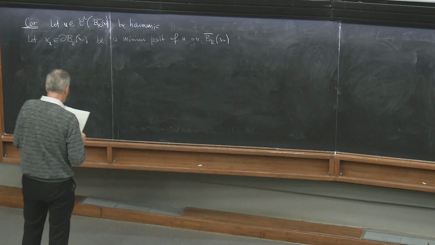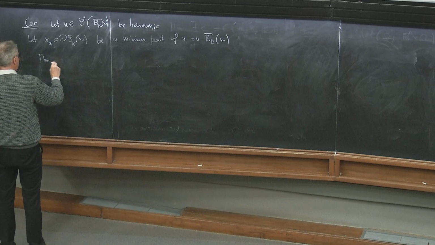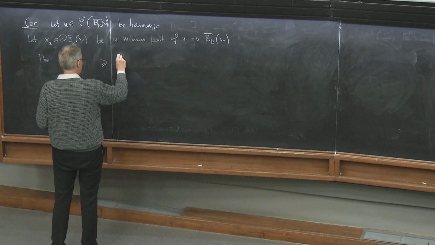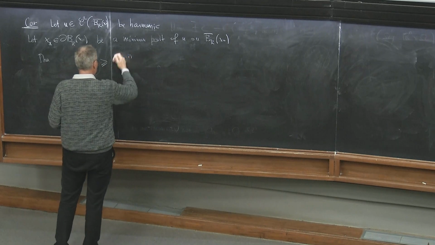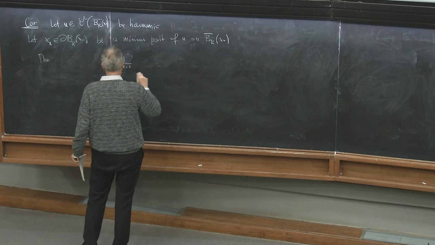And so the constant here is apparently 1 over 2 to the n minus 1.